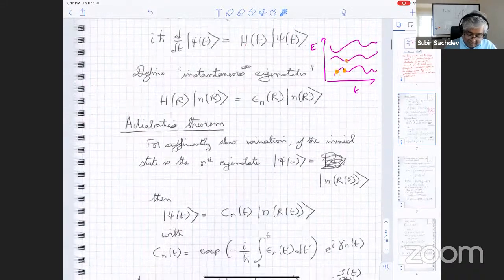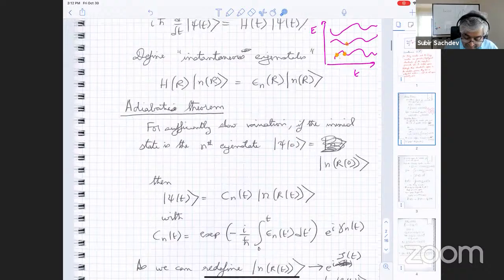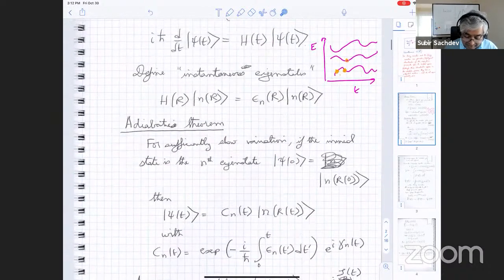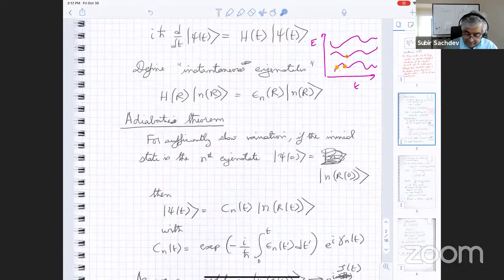So all the usual factors related to the Hamiltonian and the energies just cancel out. But then there's another term from d gamma n dt that we have to keep.